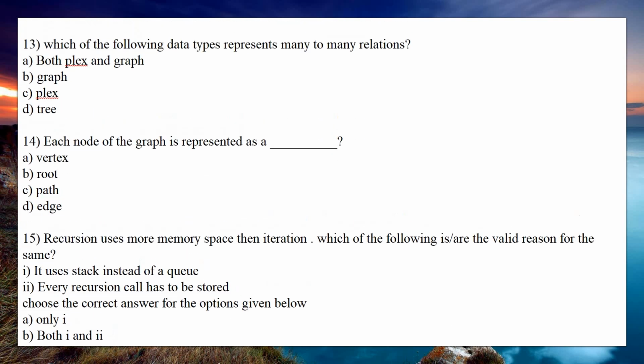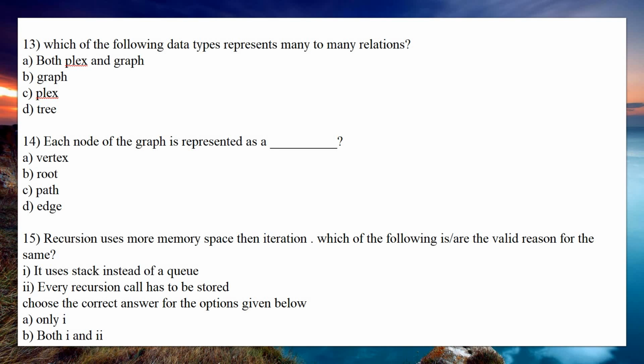So next one is the 13th question: which of the following data types represents many-to-many relations. There are various data types, or data structures, which represent many-to-many relationships. Option A is both plex as well as graph, B is graph, C is plex, and D is tree.